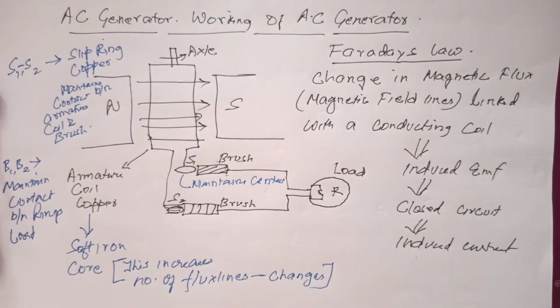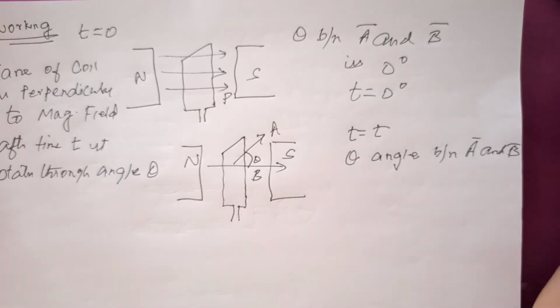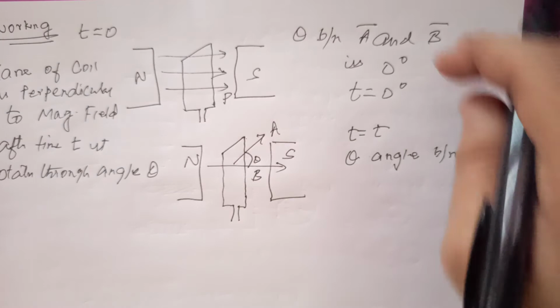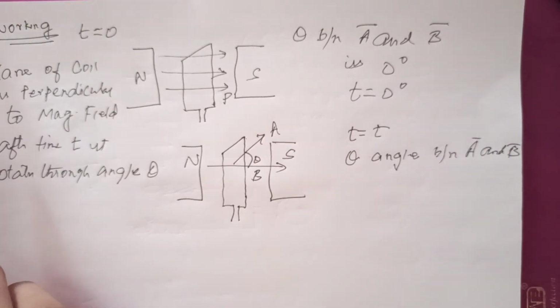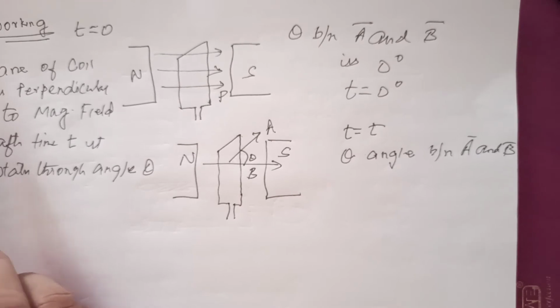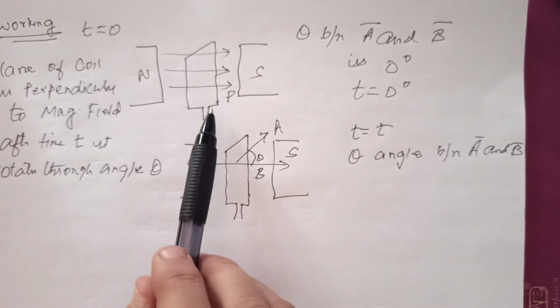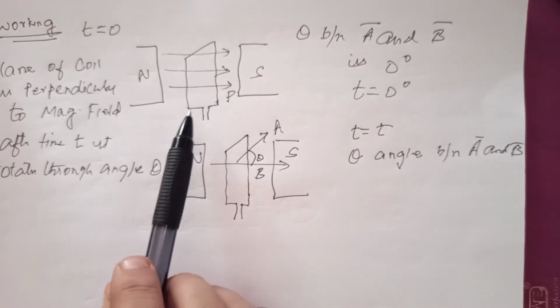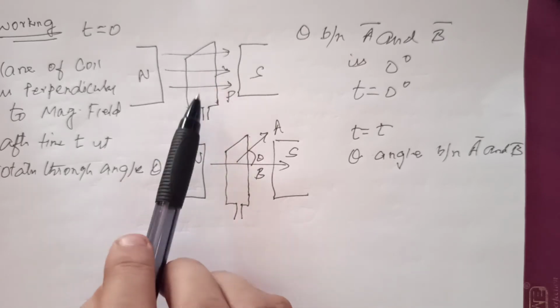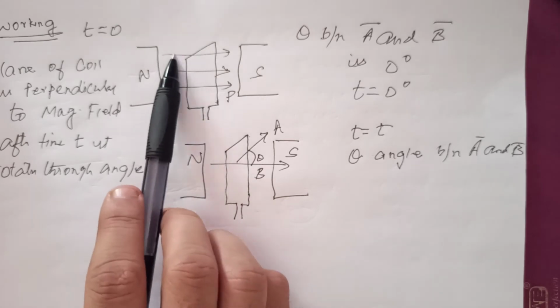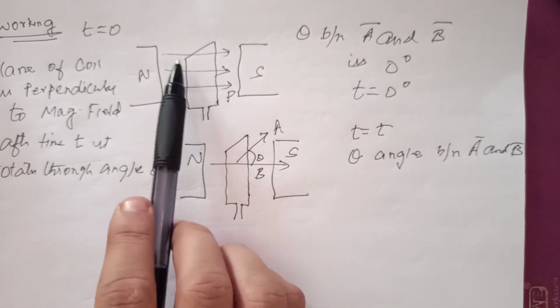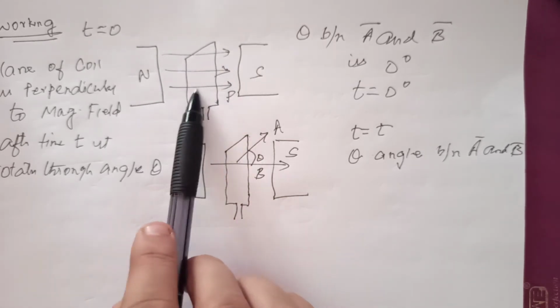Okay. Now, to understand the working, let me detail it for you guys. Now, as you see in the sheet right now, initially let's understand this armature coil is supposed to be perpendicular to the magnetic field lines, which are horizontal as shown in this figure.